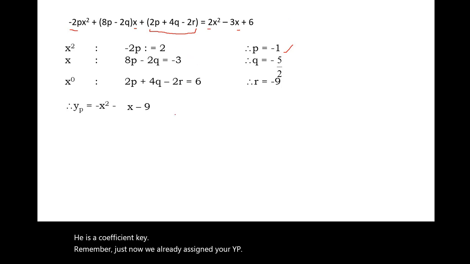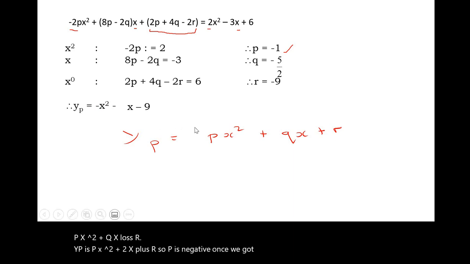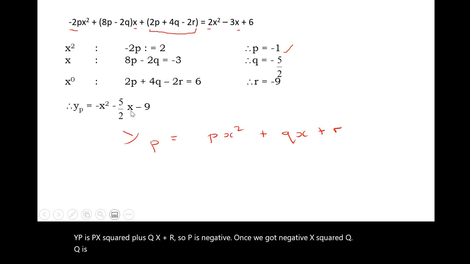Initially we assigned here, our yp is actually px squared plus qx plus r. So p is negative 1, so you got negative x squared. q is negative 5 over 2, so negative 5 over 2 x, r is negative 9. So this is your yp.